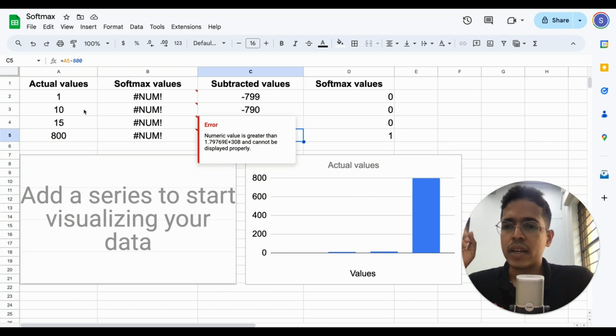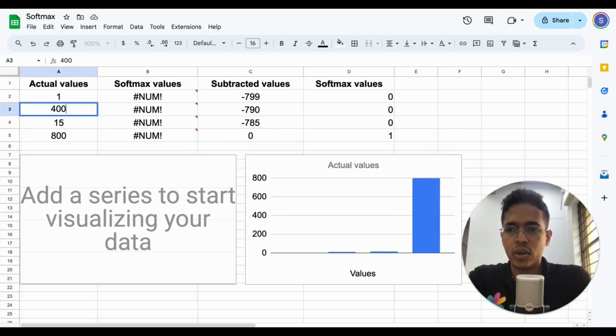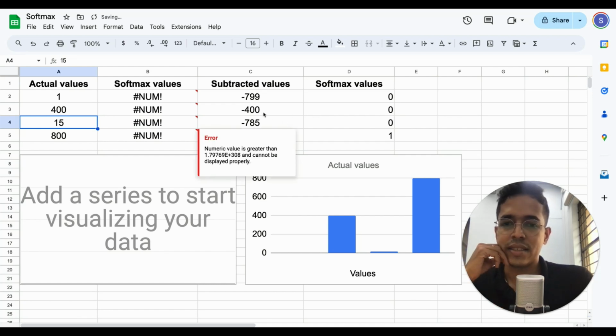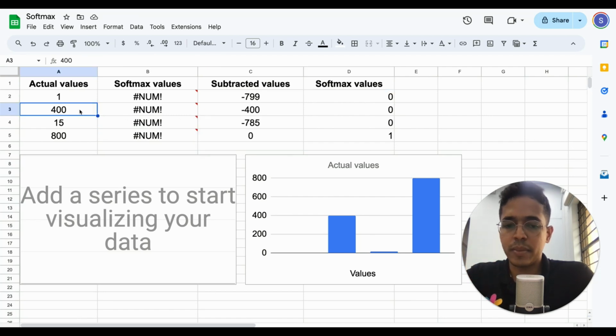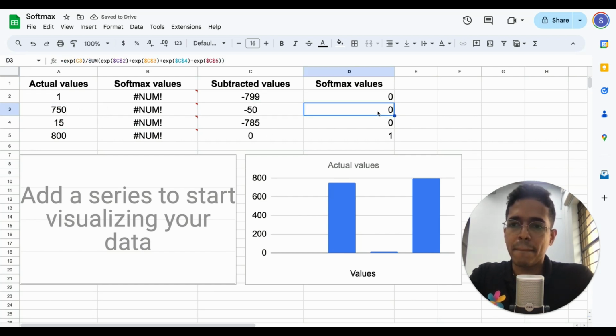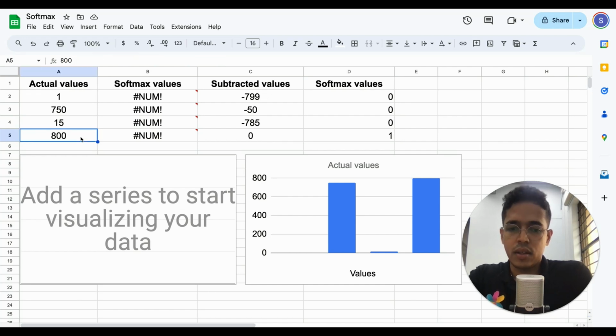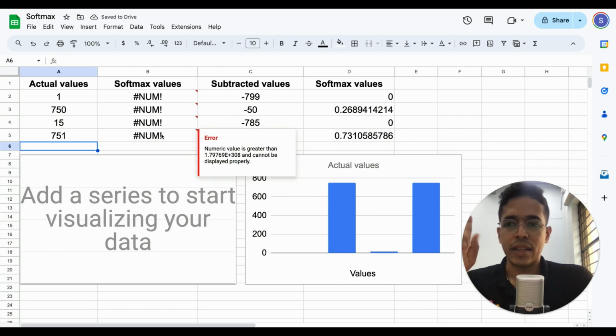I just want to do one small thing, maybe convert this into 400. Softmax would be, maybe this should be 750, something like that. I just want to see how this could be 751. Yeah, okay, this is perfect.